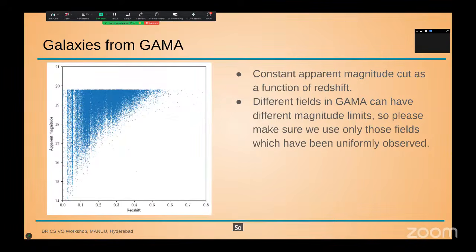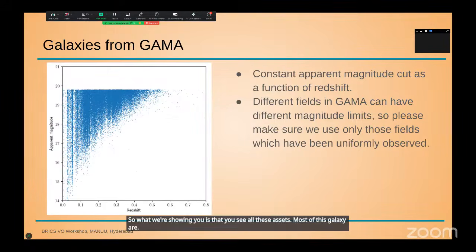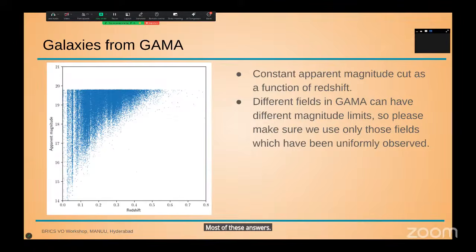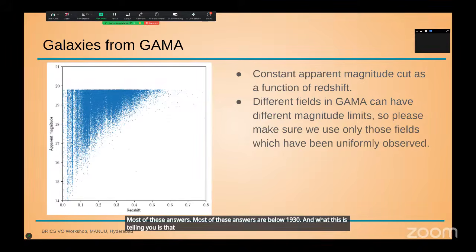What it's showing you is that most of these galaxies are below 19.8. And what this is telling you is that there is a minimum flux out to which you can detect these galaxies.